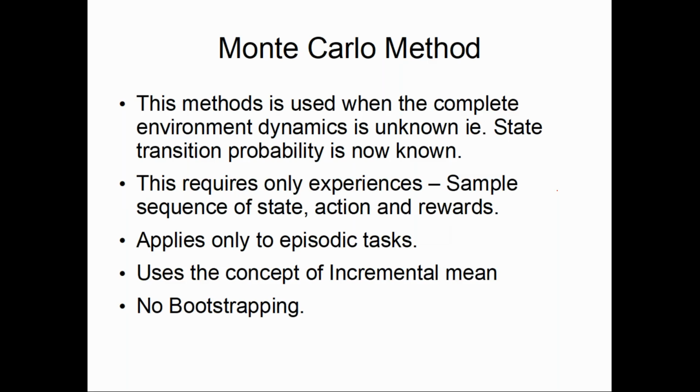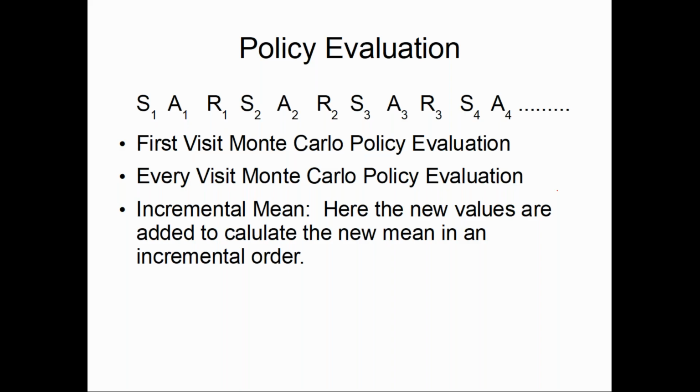In Monte Carlo, we have the entire sequence of states, but the only thing is the state transition probability is not known. In this case, some states are visited more than once.